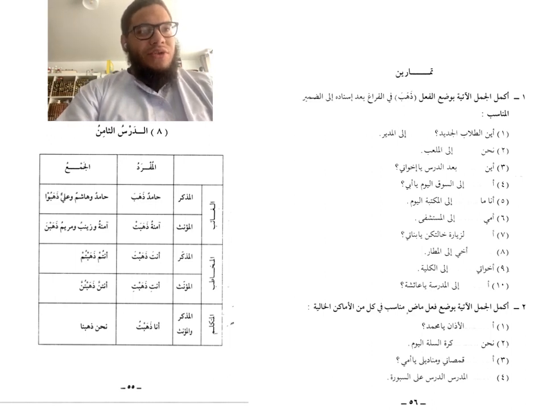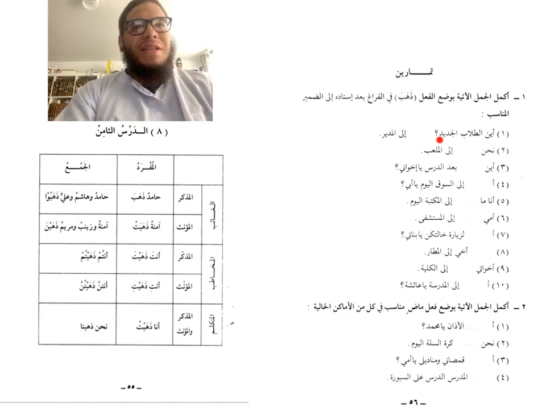Then you're going to write it here. So, أين الطلاب الجديد? Here, this is a mistake. This should say أين الطلاب الجدد. Okay? Or أين الطالب الجديد. So here, just make a correction. This shouldn't say الطلاب الجديد, because we've learned plurals. So this is a mistake in the book.